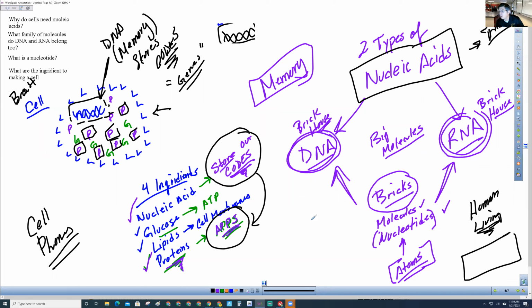Osvaldo belongs to the Quinn family. DNA, D is the first name, and A is the last name, deoxyribonucleic acid. R is the first name, NA is the family name, nucleic acids. Both of these guys are nucleic acids, right? They're cousins, and why are they cousins? Because they're built from the same type of smaller molecule.